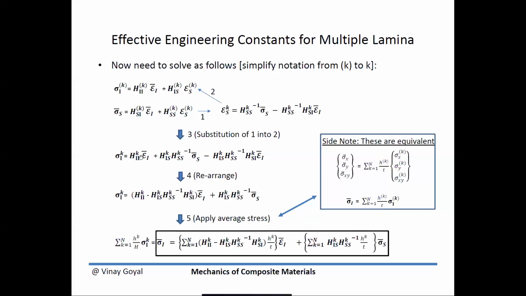But now what I'll do is rearrange, because I have epsilon I bar here and epsilon I bar here. So you can rearrange, and you have this like that. These two terms combine into that, this term combines into that. And now I'll apply the summation symbol in the front and multiply by h k, the thickness of every ply, divided by total thickness, in this manner.